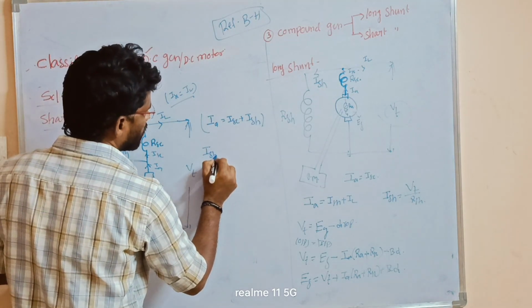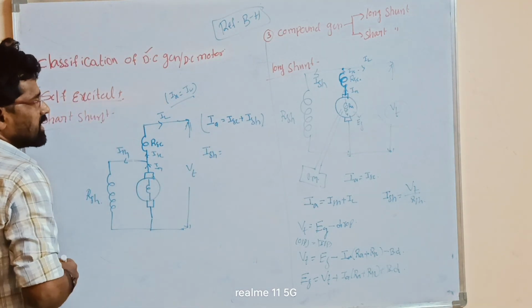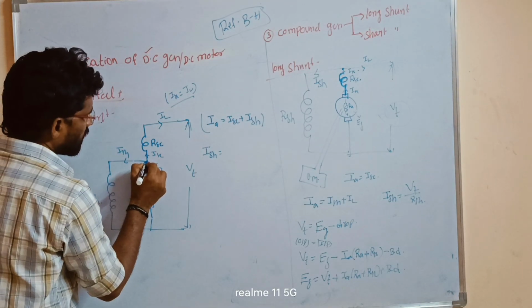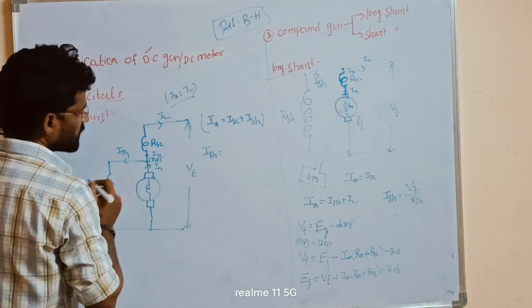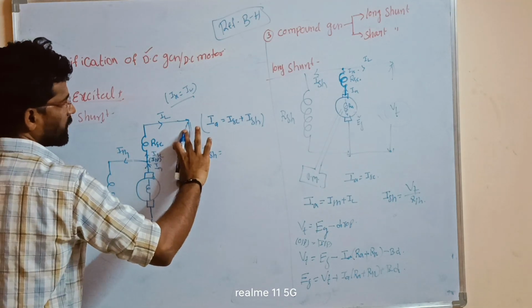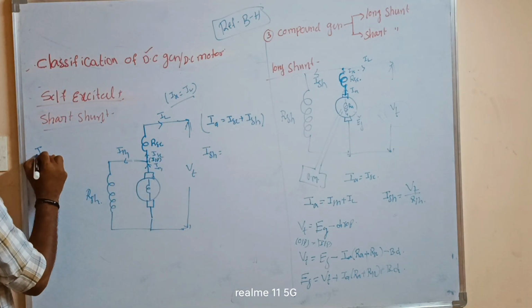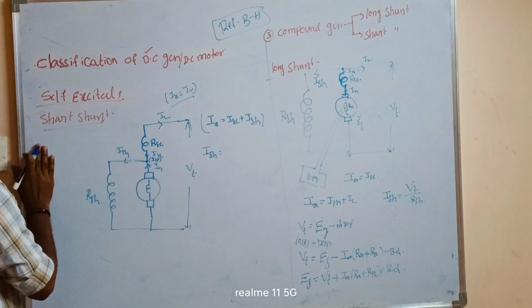But here ISH is important, so how do we find ISH? For example, take point 1.